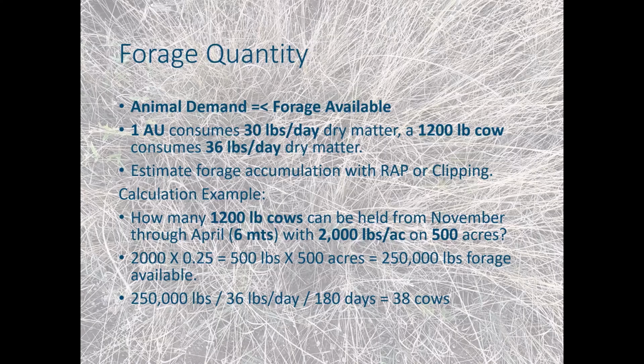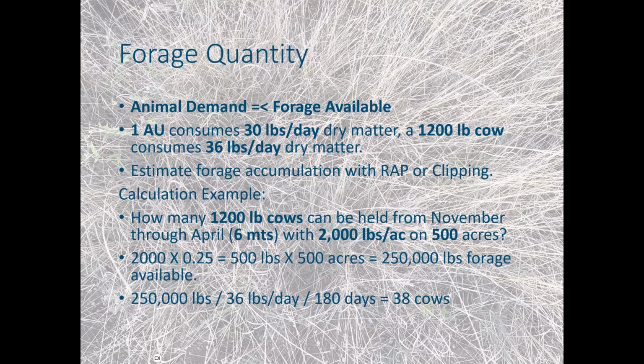All right, so we're only going to use 25% of that forage. We're going to utilize half of it, but half of what we utilize is going to be wasted or utilized by other animals, not our cows. And so only 25% is going to make it into our cows, or whatever other animal we're grazing.